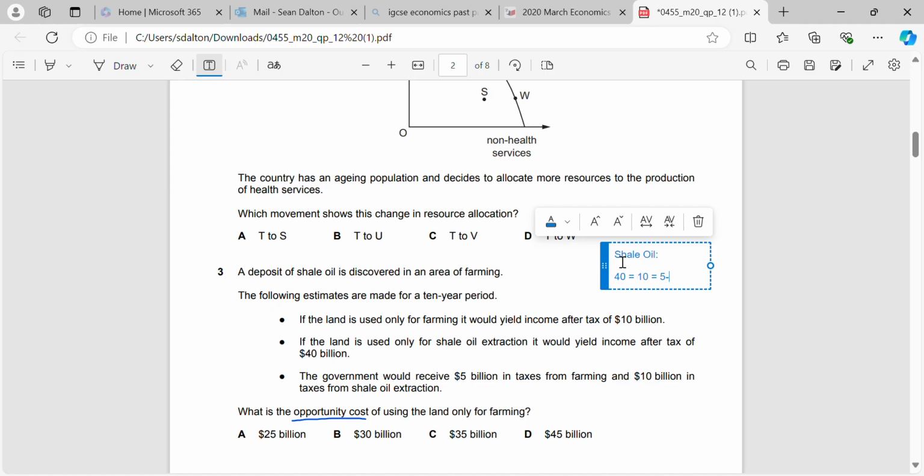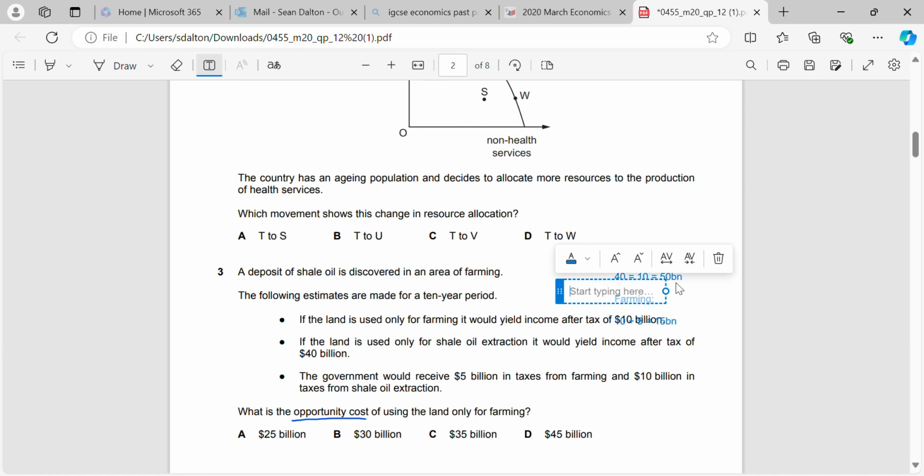Because we're told here at the bottom, 10 billion in taxes from shale oil extraction, that's what the government would receive. Okay, so for farming, it would be income after tax of 10 billion plus 5 billion they would receive from taxes. So what are we left with?